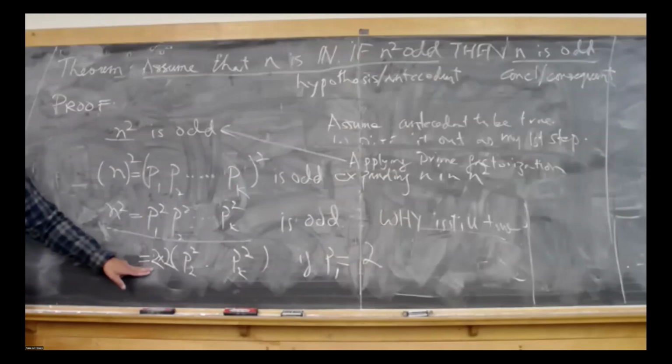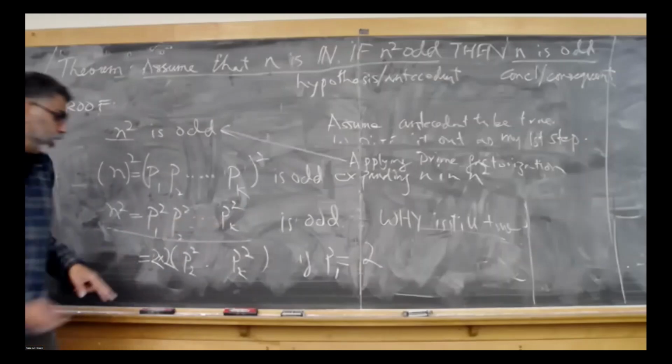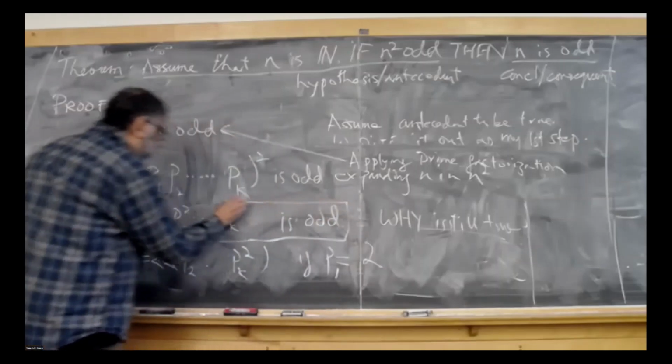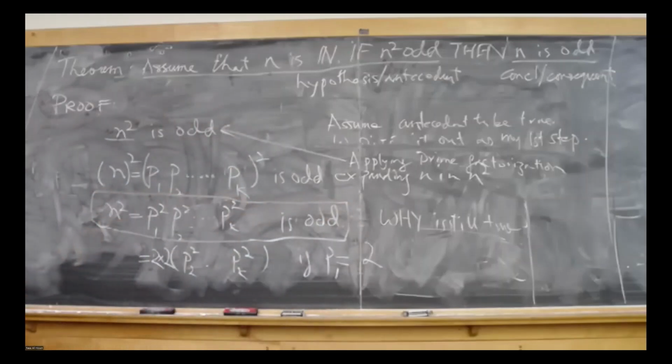And is this an even number? Yes, it is. So none of these can be prime if this is going to stay true. And that's what this weird little proof does.